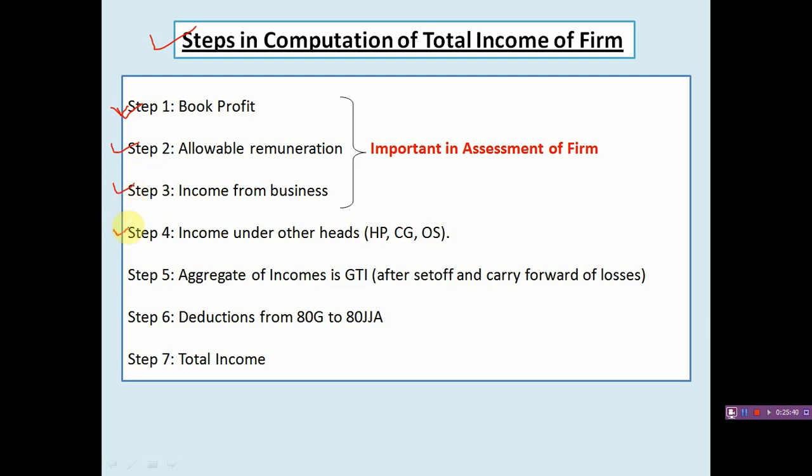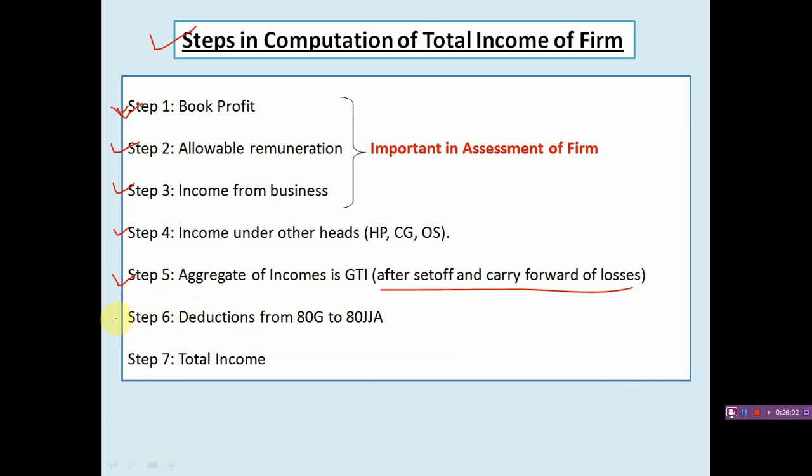The next step is computation of income under heads other than business, that is house property, capital gain, and other sources. Then aggregate all the incomes to get gross total income, incorporating the provisions of set off and carry forward of losses.